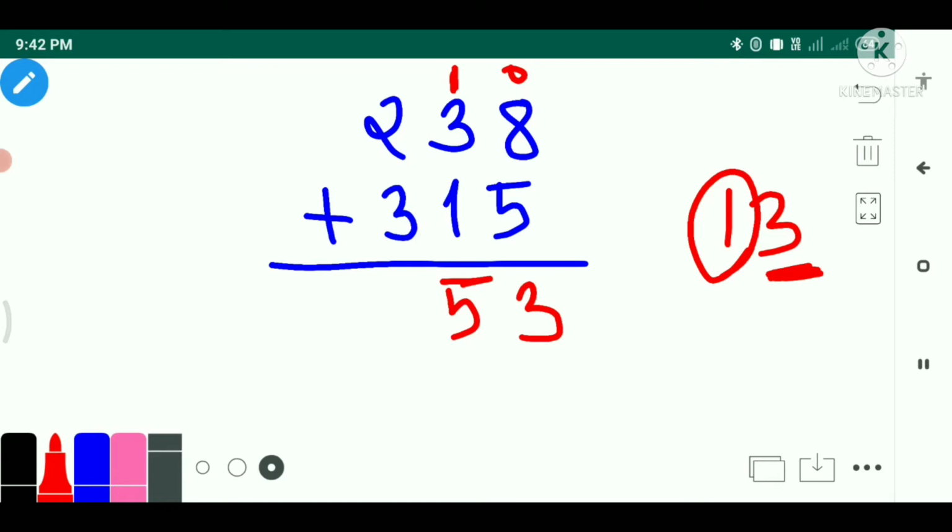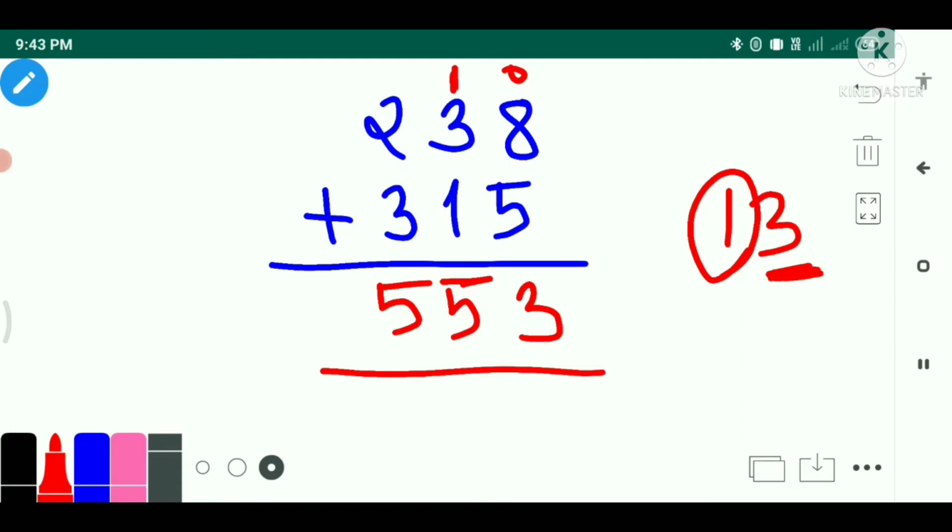Now see, in 100 place 2 and 3 is there. So 2 plus 3, it will be how much? 5. So our answer will be what? 553. So like this only we need to add these 3-digit numbers with regrouping of the ones.